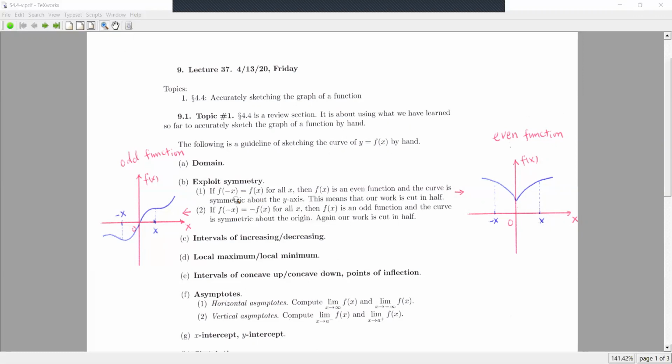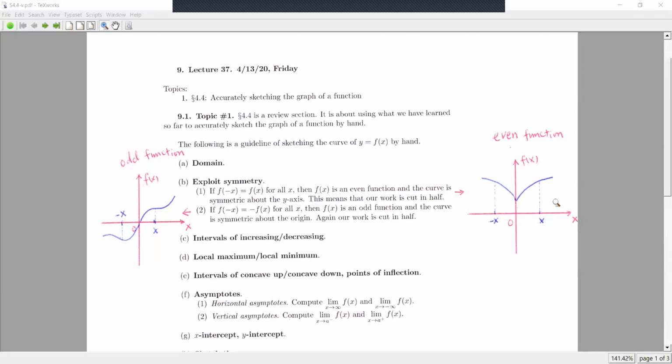One is even function. What does even function mean? When the graph of the function is symmetric about the y-axis, for example, this case, then the function is called an even function.